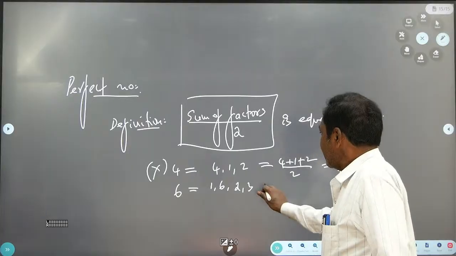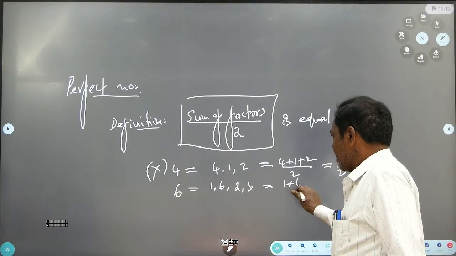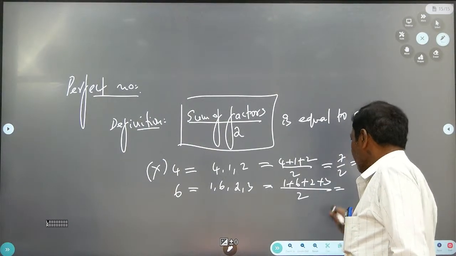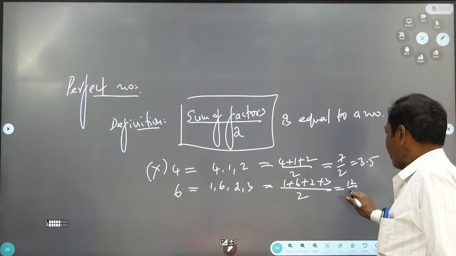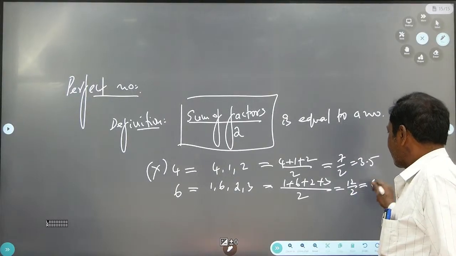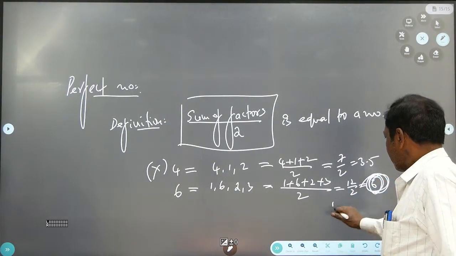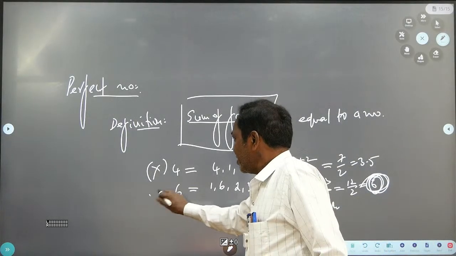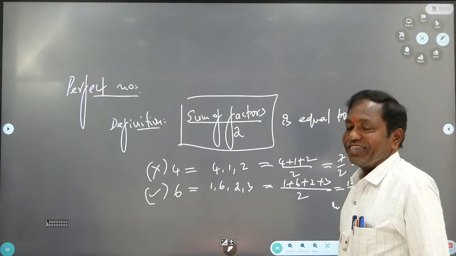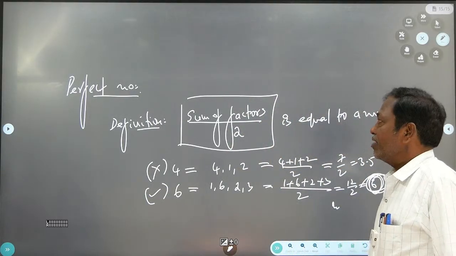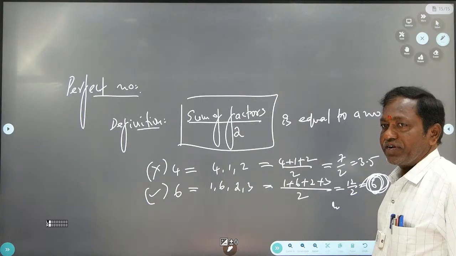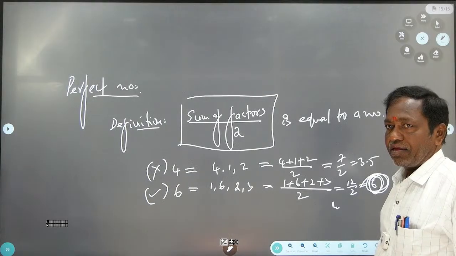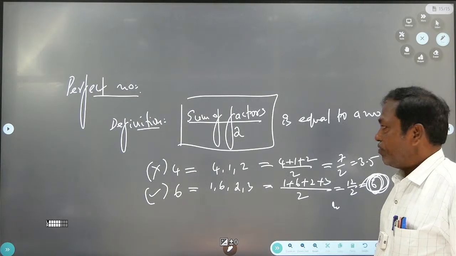Sum of the factors: 1 plus 6 plus 2 plus 3, that is 12, by 2 is 6. See that. So 6 is a perfect number.